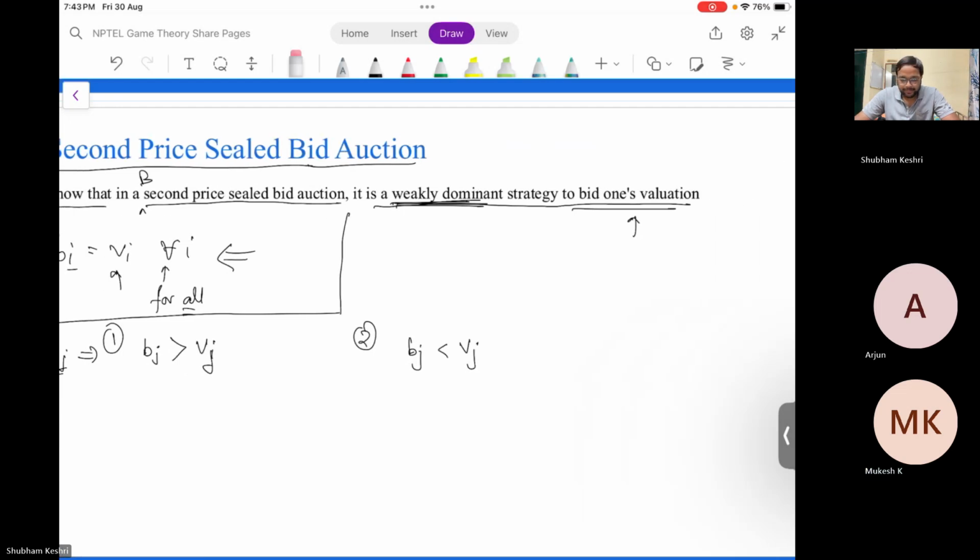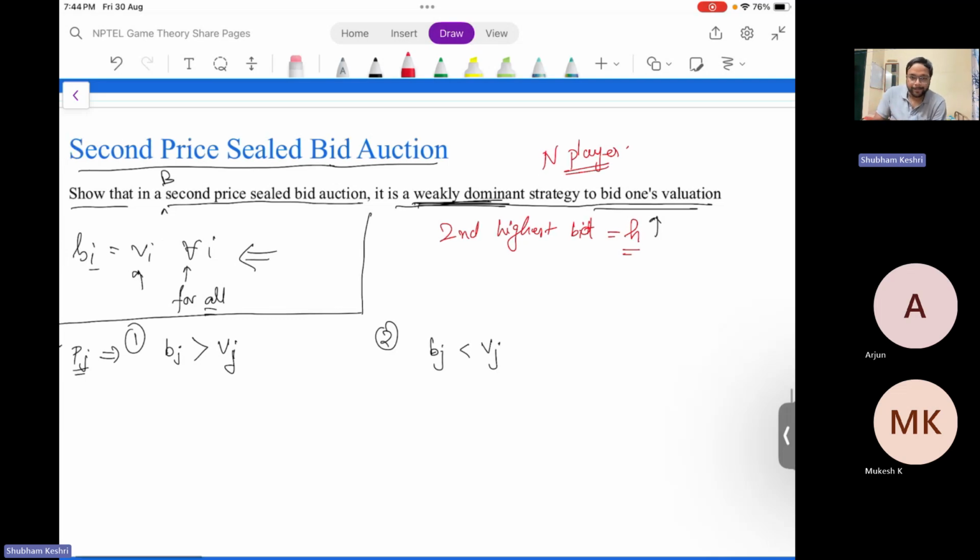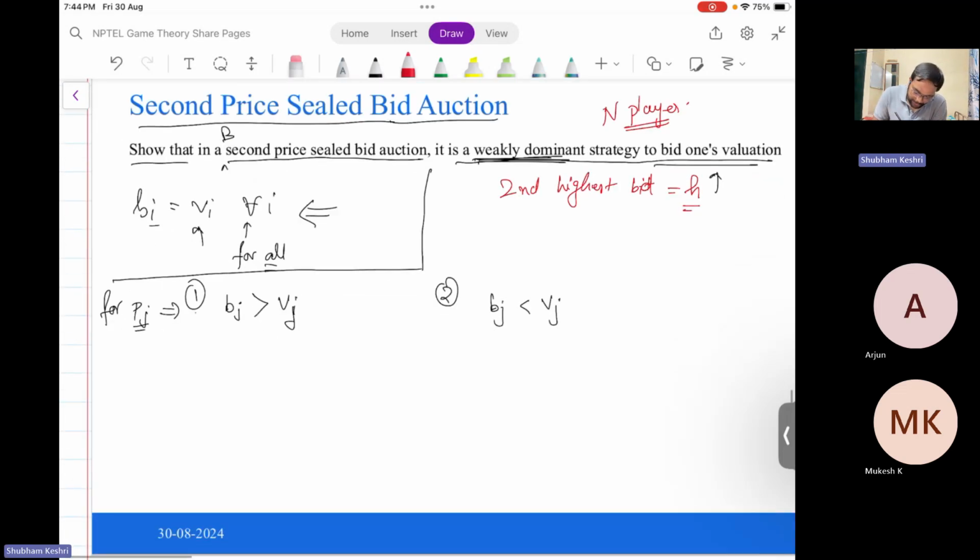Right. So suppose there are n number of players. We are not talking about 2 players now, we are talking about n number of players. And the second highest bid, suppose the value of that second highest bid is h. Okay. So in the first condition, there can be 3 more conditions.